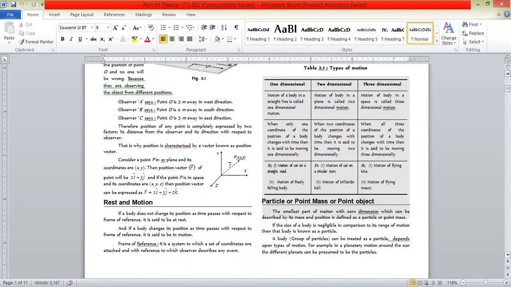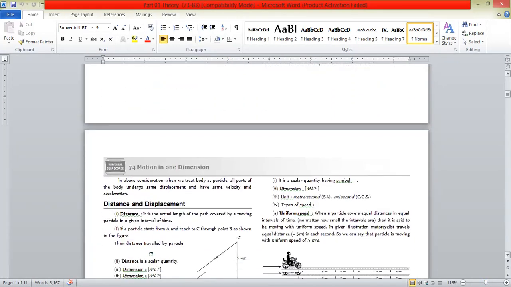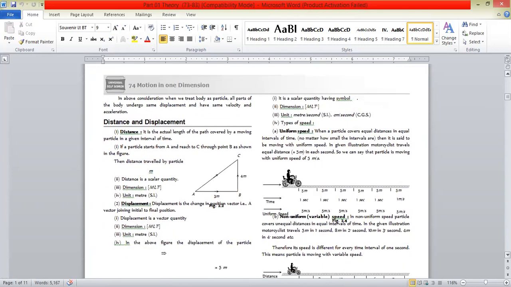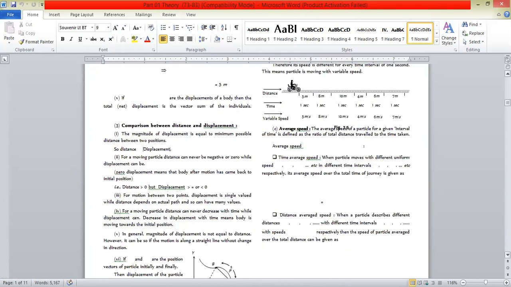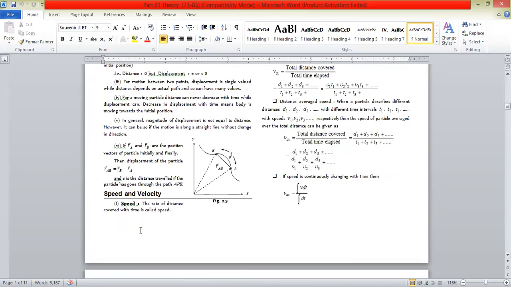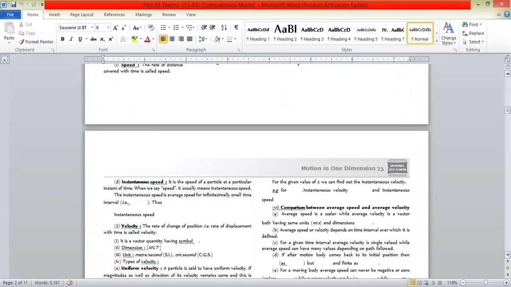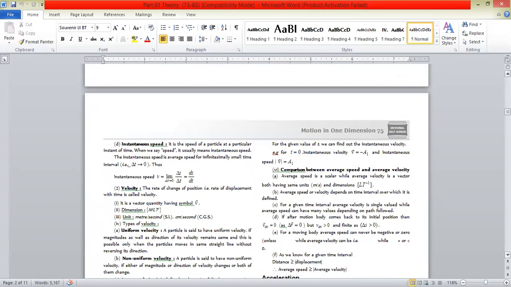See, first position, rest and motion. Every point will be there. Now we are in distance and displacement component. Speed and velocity, we are here. Like this, we also have the problems, topic wise. Suppose distance and displacement: whatever formulas are there, what models are there.